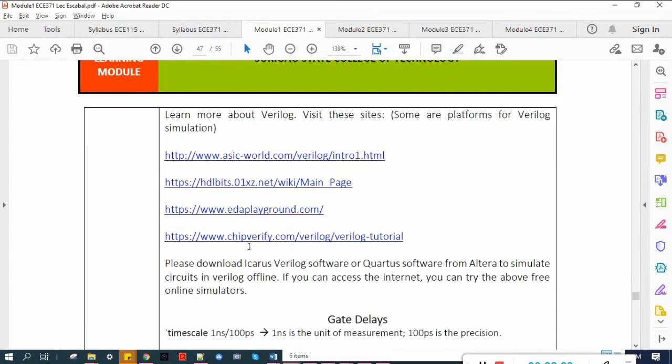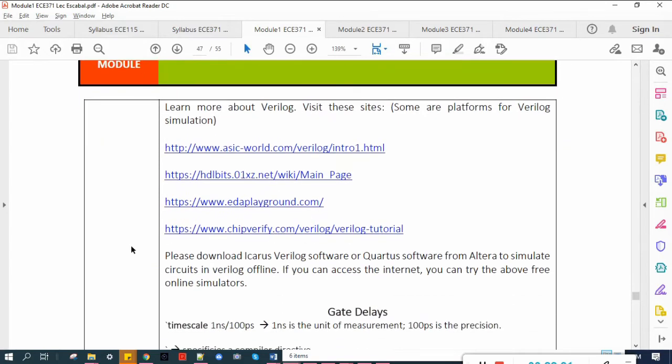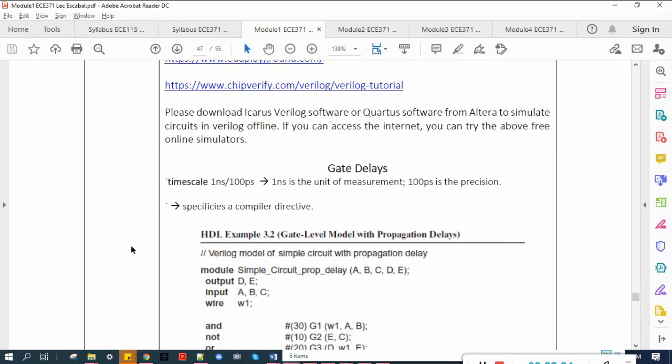Anyway, then chipverify.com. Please download the course Verilog Software or Quartus Software from Altera to simulate circuits in Verilog offline. I have already given you the tutorial in using Icarus Verilog software. So let's just use the Icarus Verilog because this is light compared to the Quartus software, which is about 16 gig, 8 gig, I'm not sure.